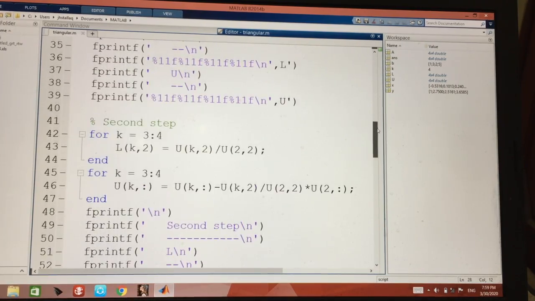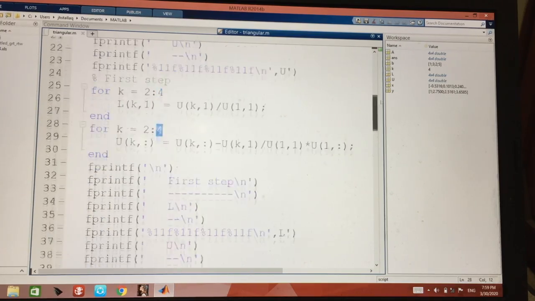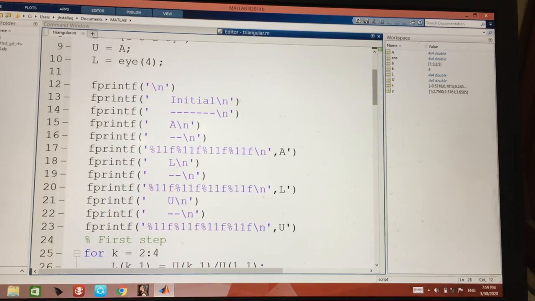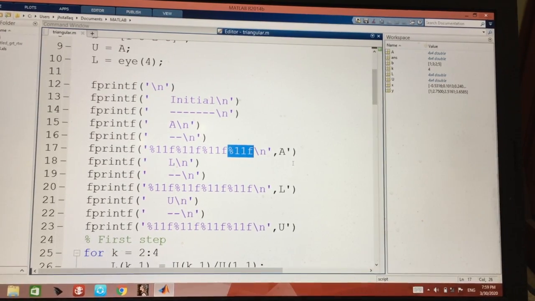You print it out. But to print out these things, you see that in the print command I have 11F, 11F, 11F. You have 4 values because I have a 4 by 4 matrix. If you modify to a 5 by 5 matrix, then you need to insert another.